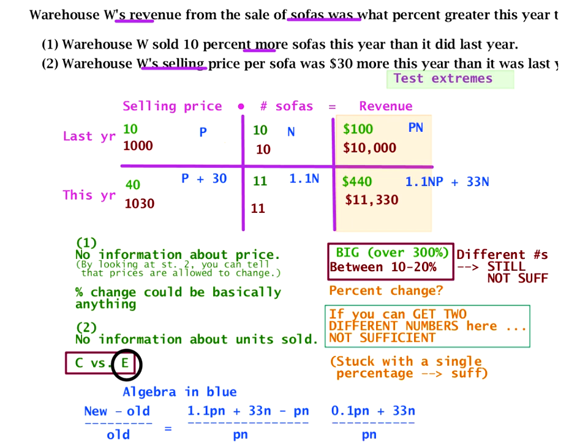Then if you do the division, you get a constant plus a non-constant. You still have that 33 over P there, so that's not going to be a constant. This is going to vary with P. Notice not with N, interestingly enough, but with P it will vary.